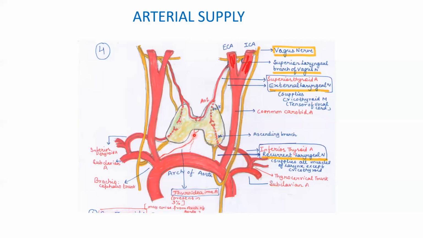This artery will reach up to the lower border of the isthmus of the gland, and it must be looked for during surgeries, because if present, it may cause severe hemorrhage if injured during the surgery. So that is about the arterial supply of the gland and its applied importance.